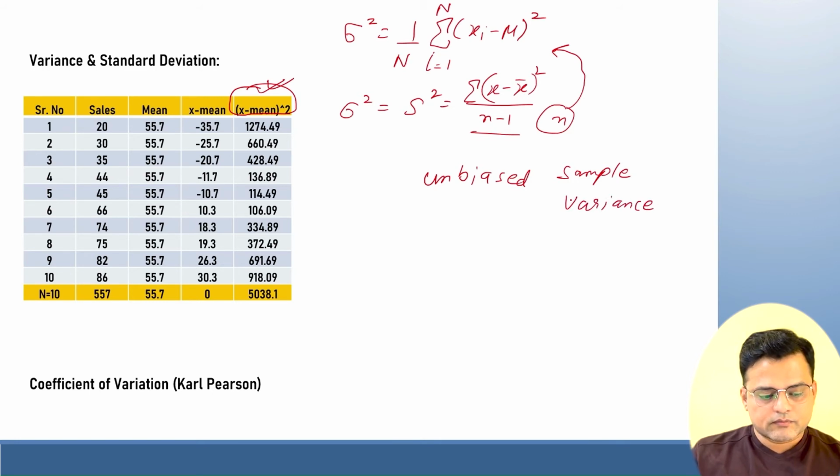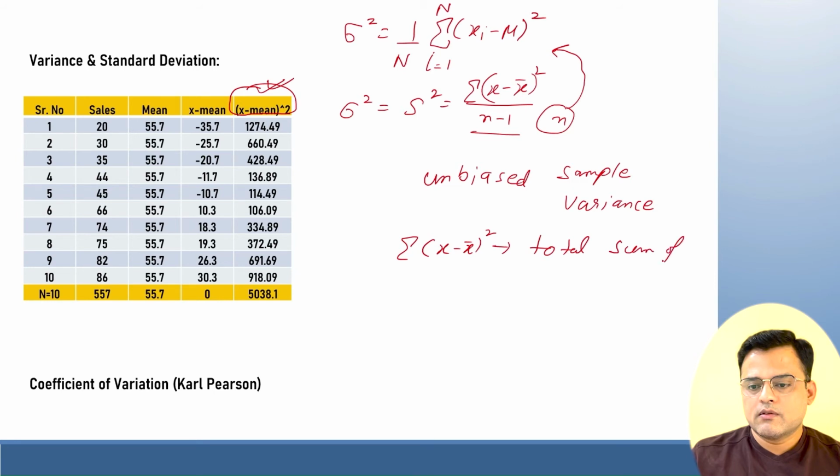And the numerator, (x minus x bar) whole square, is called the total sum of squares. This quantity measures the total variation among values in a data set. The larger this value is, the greater the variation among the values in a data set.